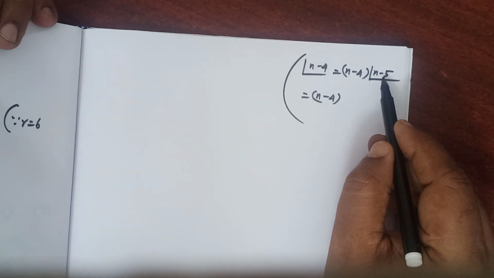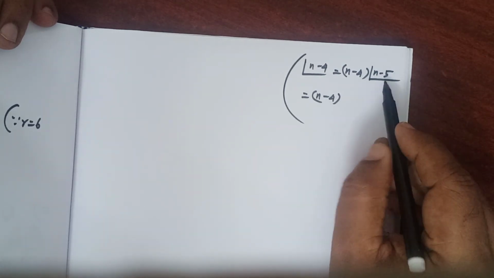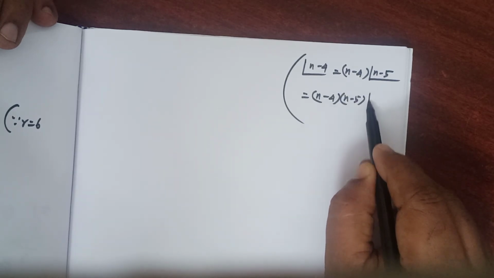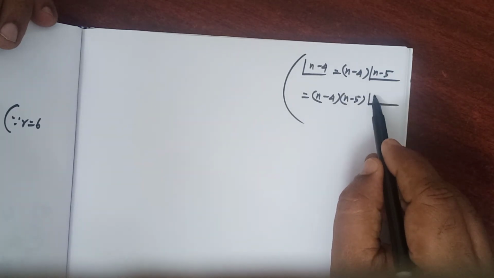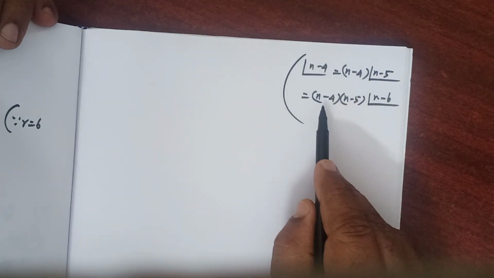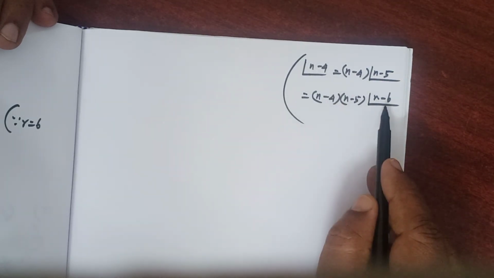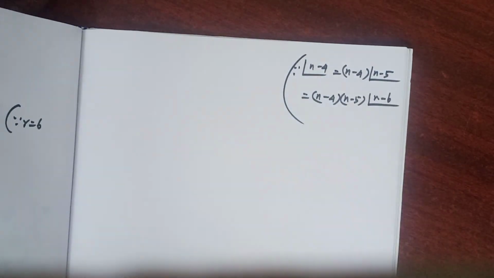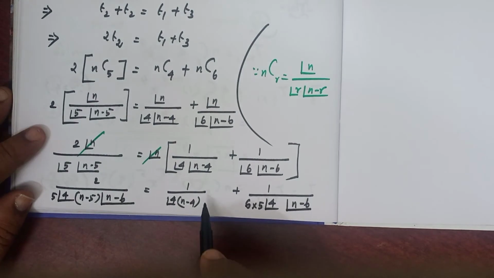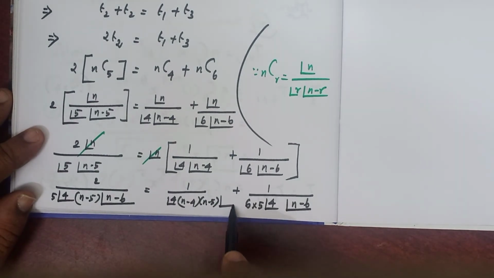Further, inside the factorial, n minus 5 is here, so n minus 5 write as it is. We can reduce 1, n minus 5 becomes n minus 6. So factorial n minus 4 can be written as n minus 4 into n minus 5 into n minus 6. Now we can write n minus 4 into n minus 5 into factorial n minus 6.